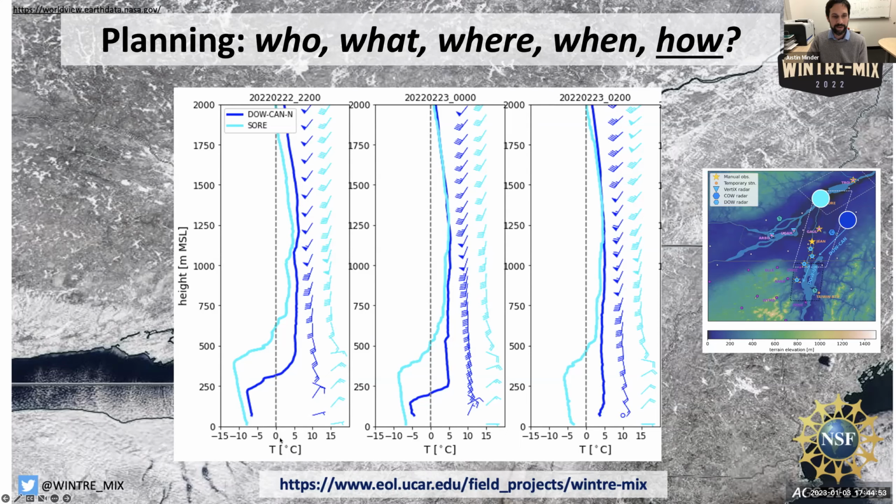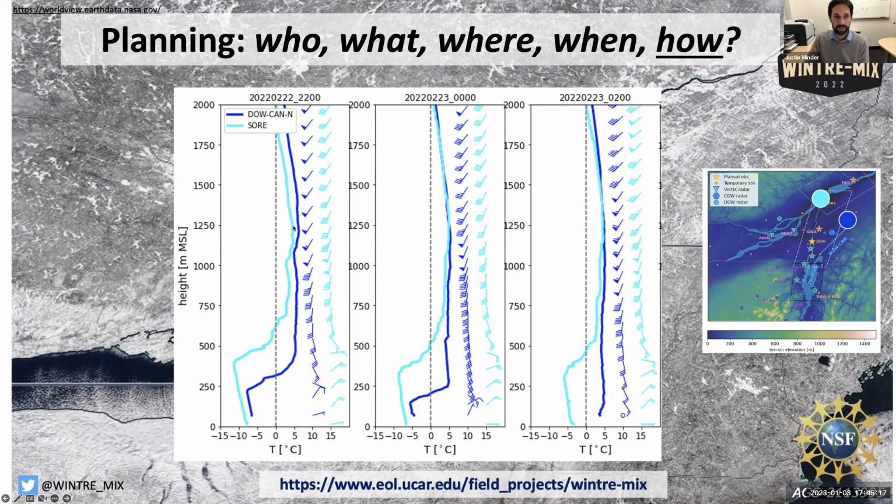And so you see in these profiles of temperature as a function of height this very cold air near the surface, -5 to -10 degrees Celsius, but it's very, very shallow. By the time you get up to about 500 meters above the surface, you go from sub-freezing temperatures to above freezing temperatures. And these temperature profiles are very important for determining the kind of precipitation you get at the surface.